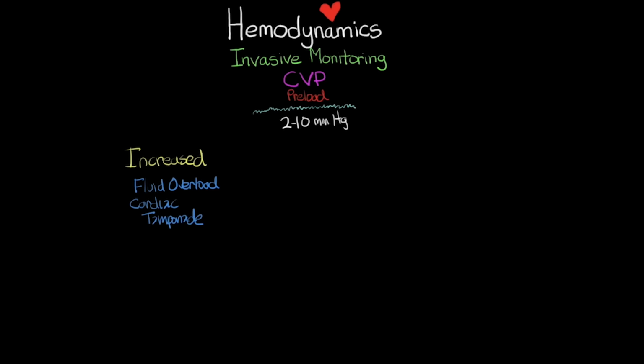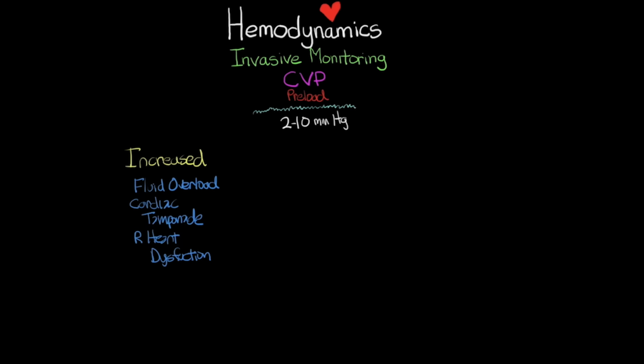And another situation in which you might see an increased CVP would be in right heart dysfunction. So similar concept with the cardiac tamponade. The right heart is not functioning appropriately, therefore it's not moving the blood across to the lungs and into the left side of the heart. Therefore, you're going to get a backup heading into it.